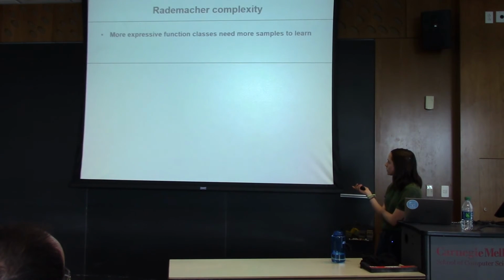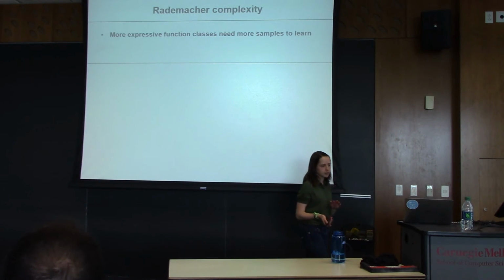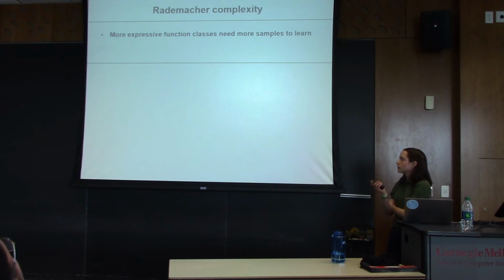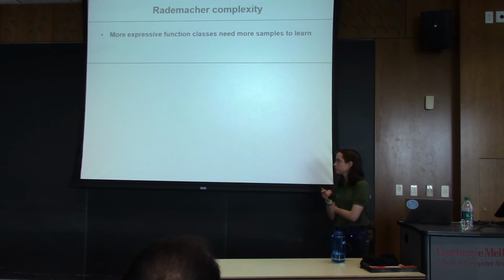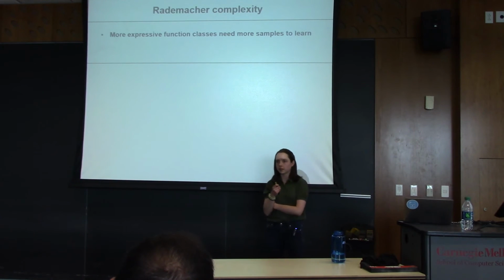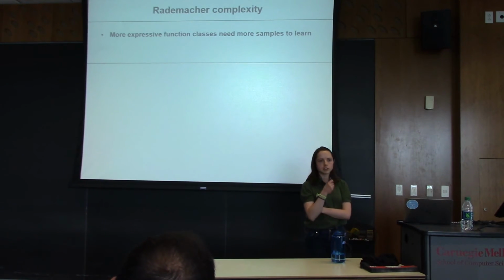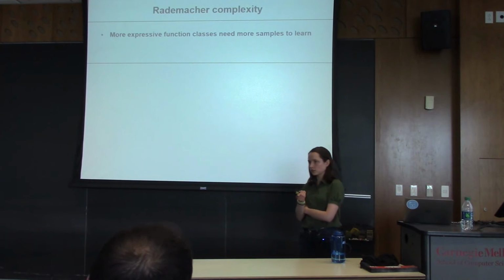I'm just going to skip over this slide and talk about Rademacher complexity now because I'm running a little low on time. In order to derive sample complexity bounds, we need some way to measure the expressivity of a class of functions, because generally, the more expressive a class of functions is, the more samples we need to learn from it.